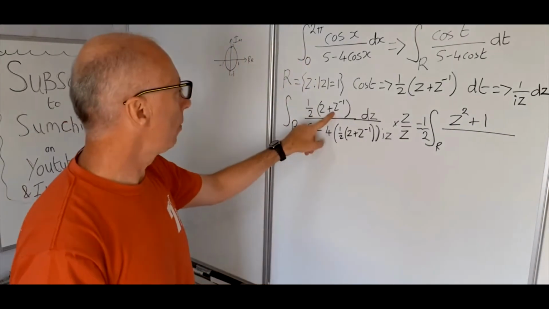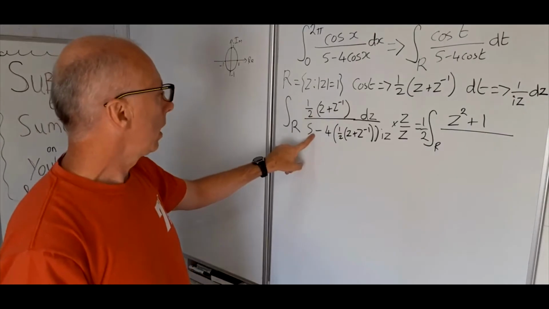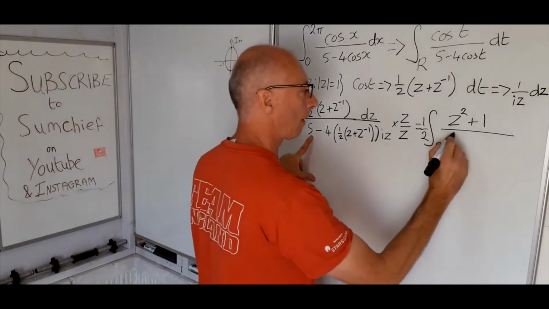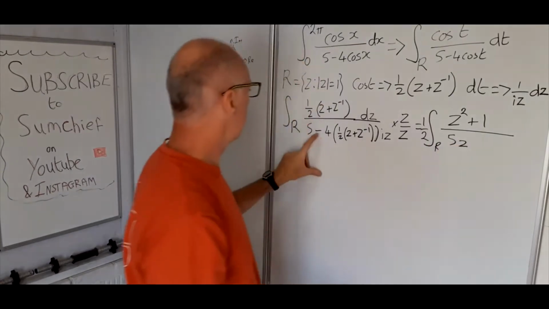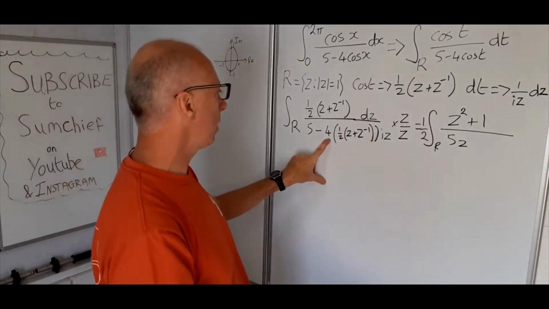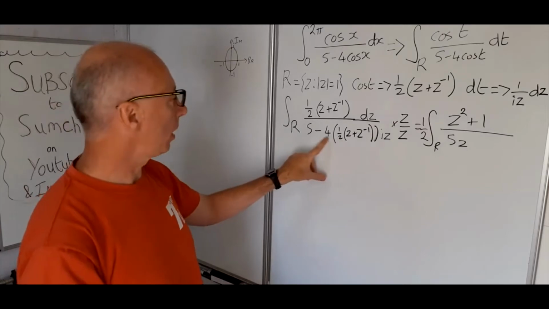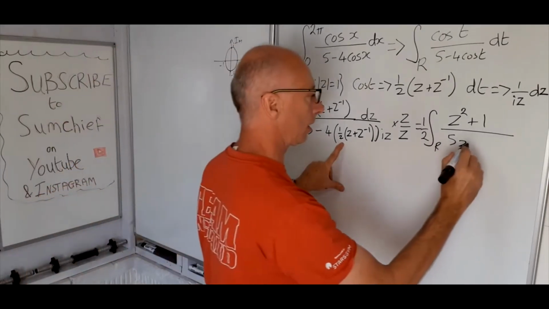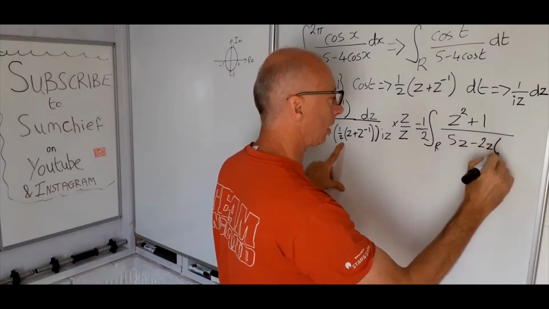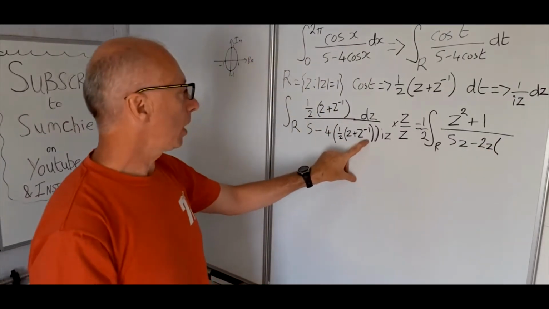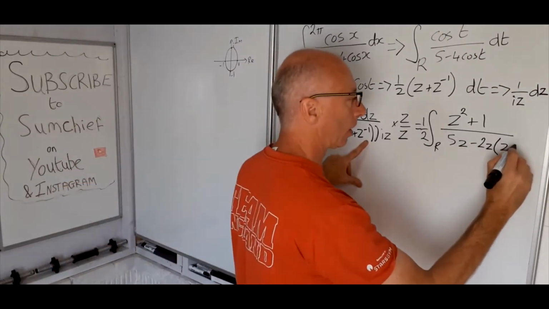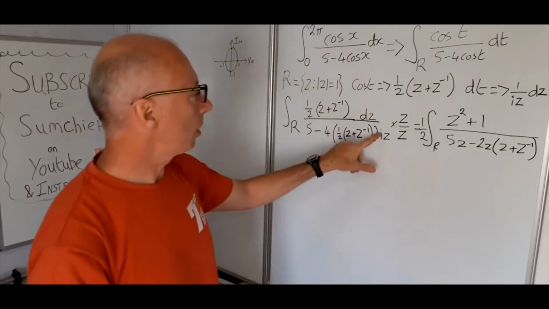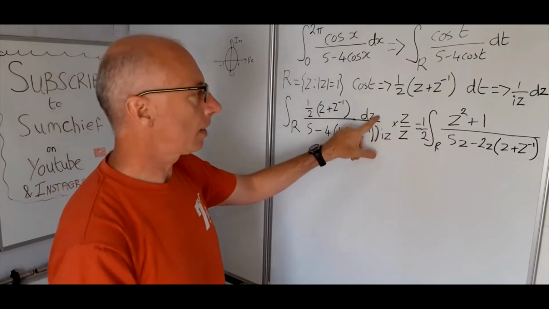That takes care of this. Now for this one, we can multiply the 5 by z, that's not a problem. Then minus 4 times z, well, we've got 4 times a half here, so we can do that all in one go: minus 2z, and then z plus z to the minus 1. Then we've still got the i and z and dz.